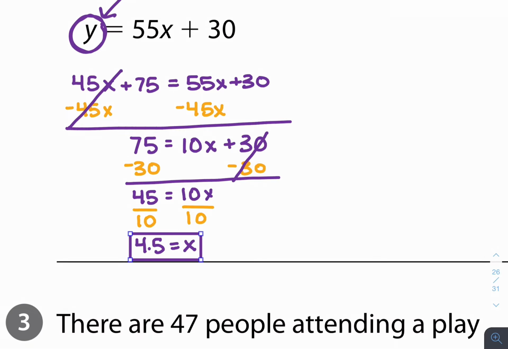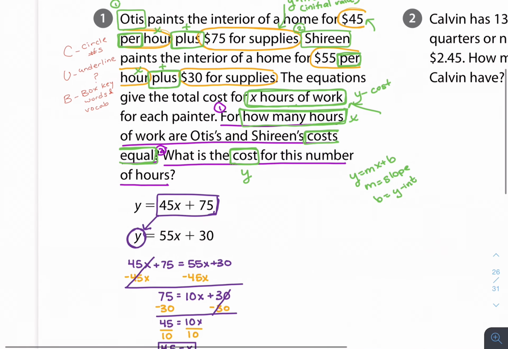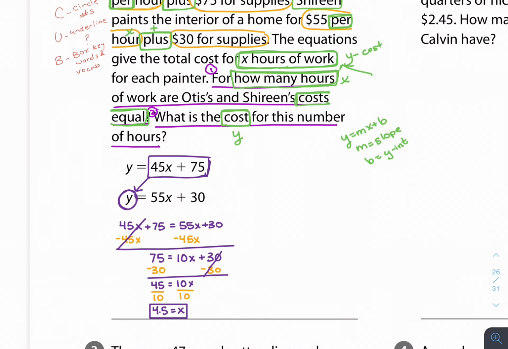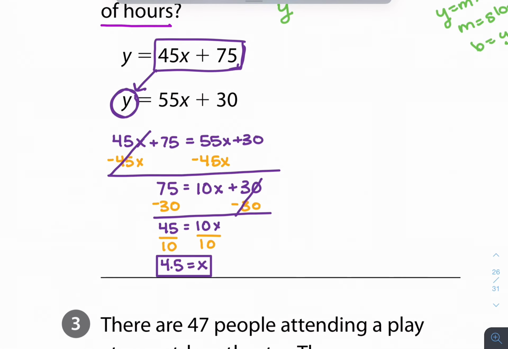And what does that 4.5 mean? Because I annotated and because I defined my variable, I know that 4.5 is the hours of work. So I know that for 4.5 hours of work, Otis and Shireen's costs will be equal. I'm going to write that.